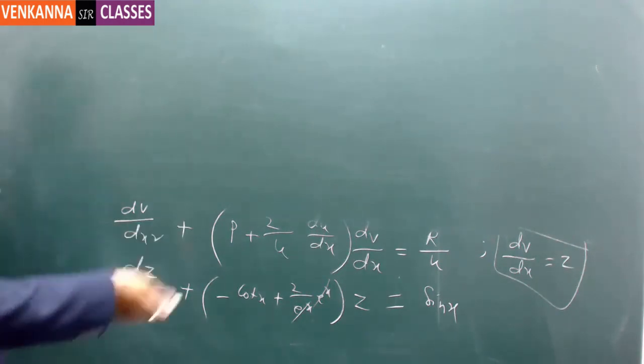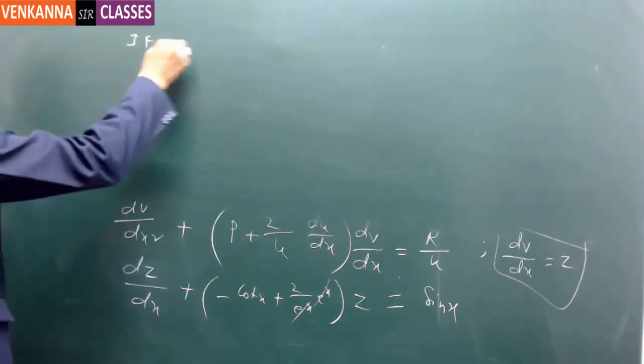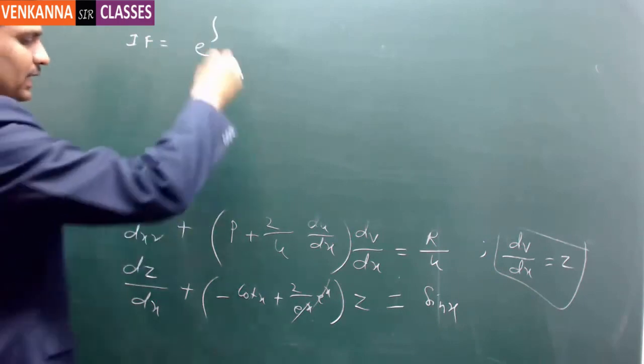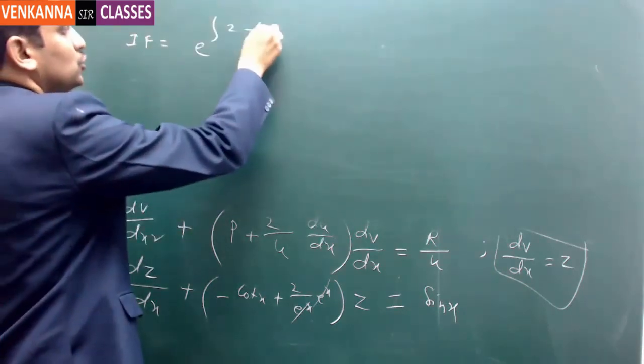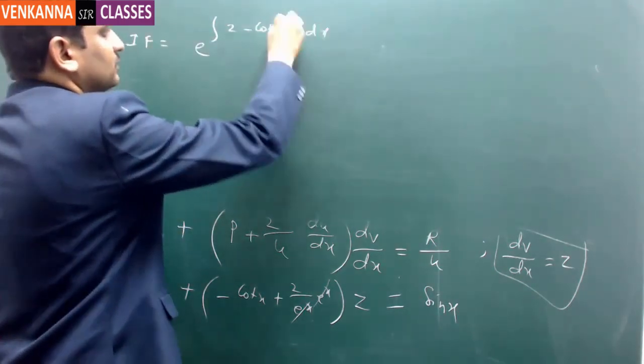So you have integrating factor is equal to e power integral 2 minus cot x dx.